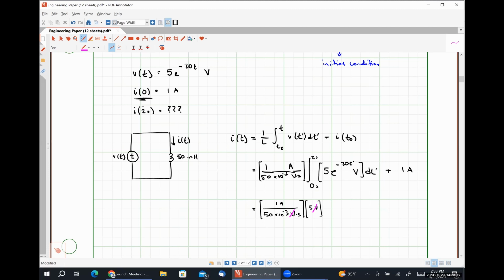Move the 20 down, divided by, so it'd be 1 over negative 20 times e to the negative 20t. Yes, so I'm going to write this down because you guys are going to be doing this a whole heck of a lot over the next several weeks.